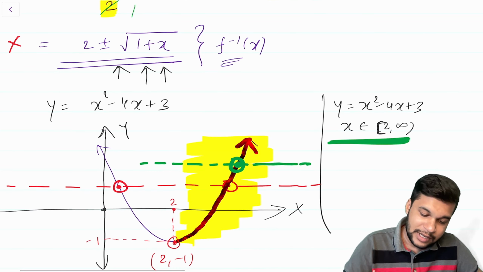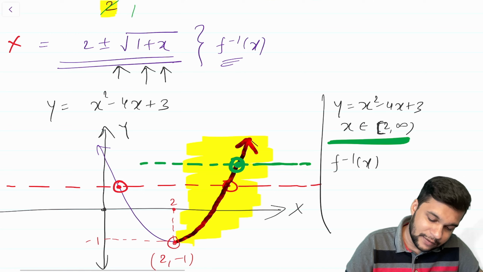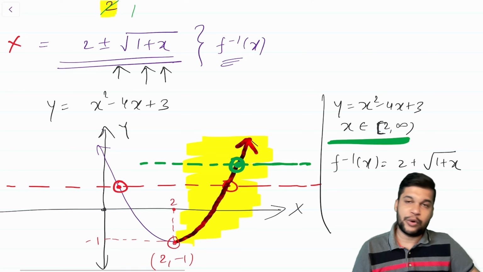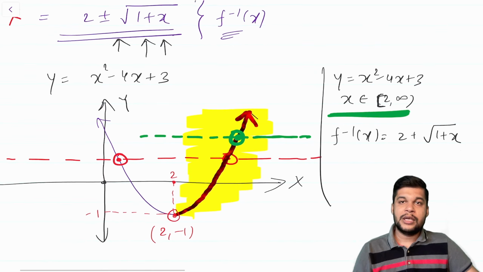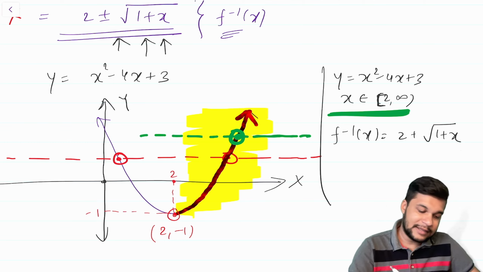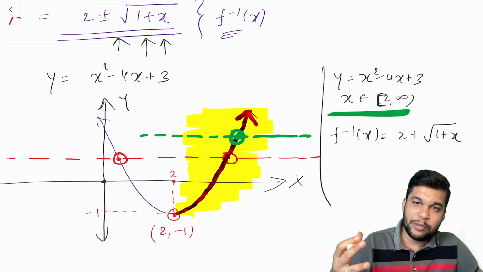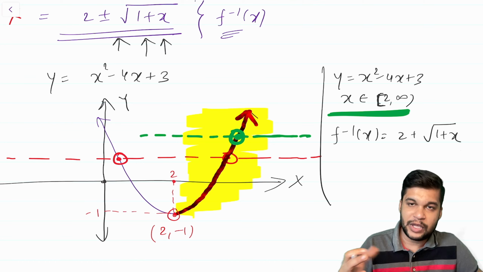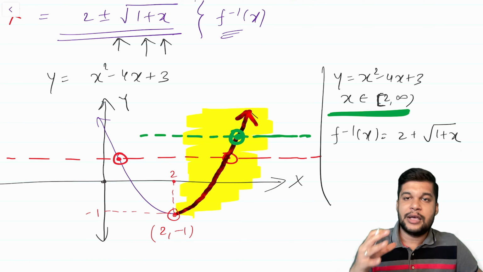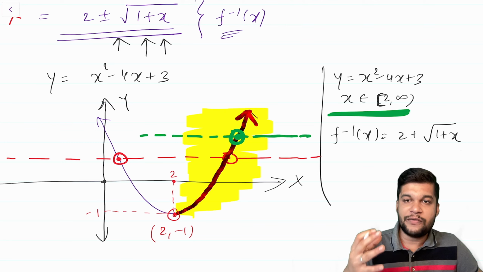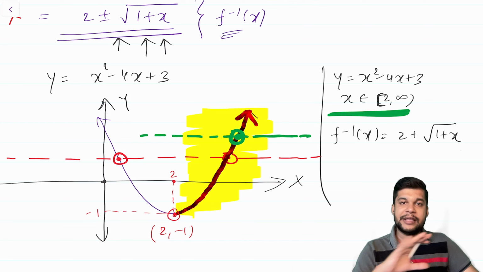F inverse of x will be 2 plus square root of 1 plus x. So if you are restricting the domain, you can find the inverse of x. But for all real values, the inverse doesn't exist.